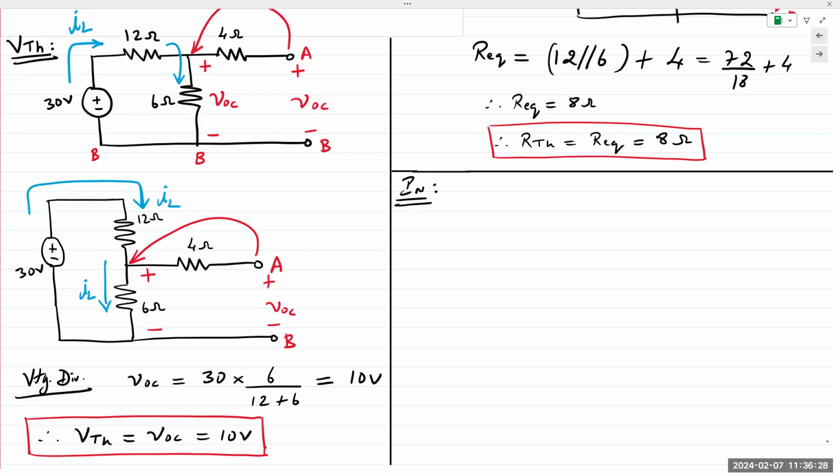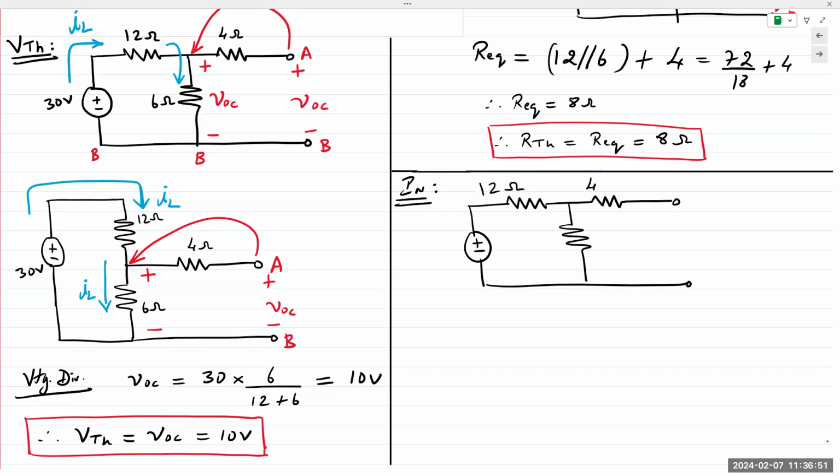What do we need for IN? We need a closed pathway for the current to flow through. In this case, we're analyzing for the 2 ohm resistor. So we need a closed pathway for current to flow through that 2 ohm resistor. So we place a short circuit in its place.